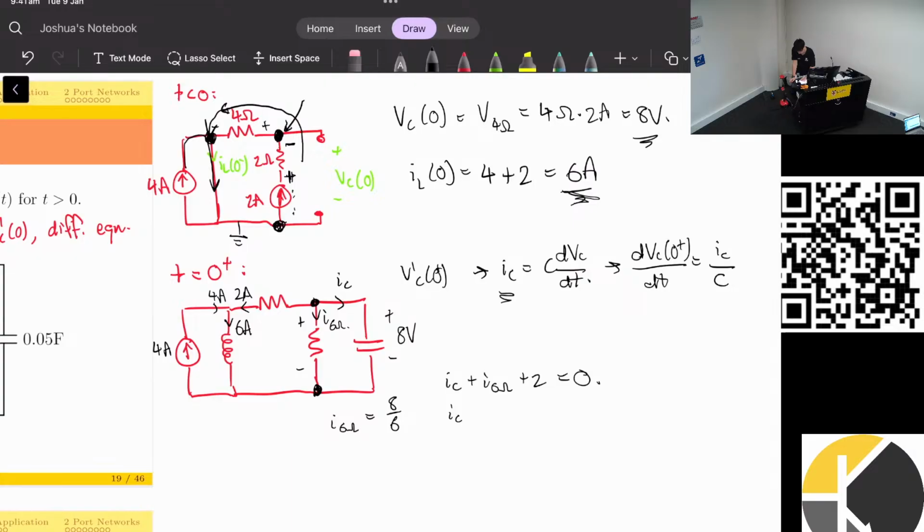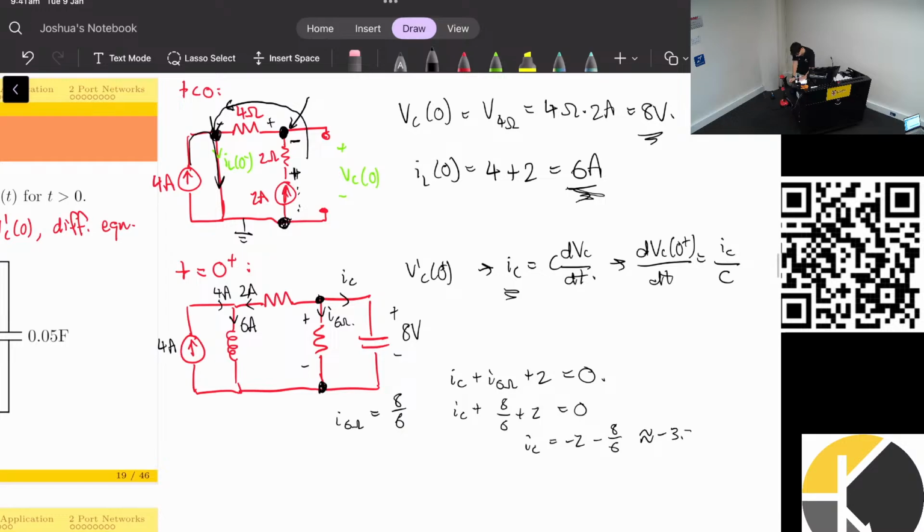So now I have IC plus 8 over 6 plus 2 equals 0. So then IC is minus 2 minus 8 on 6, which is roughly minus 3.33 amps.